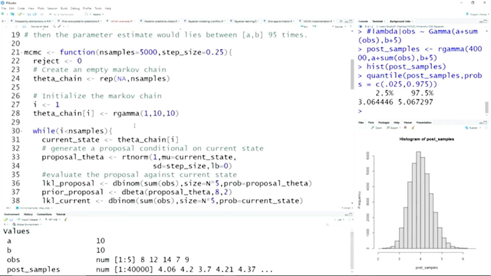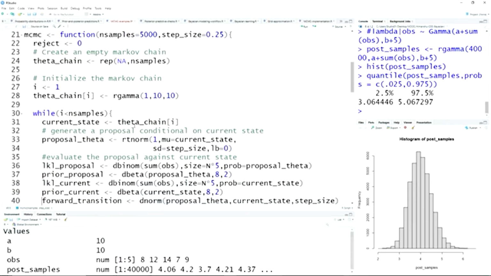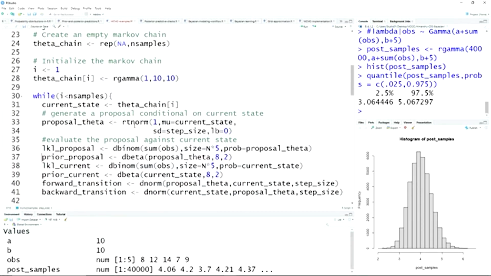Okay. Now let us go and calculate likelihood and prior for the proposal as well as the current state of the chain. So because our likelihood is now Poisson, we'll use dpois, right? dpois, and rather than doing sum of observations, I think now it would be better to just have the observations here.